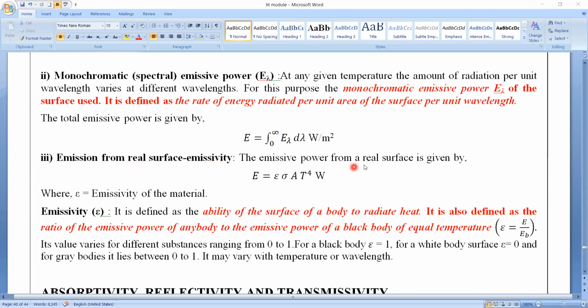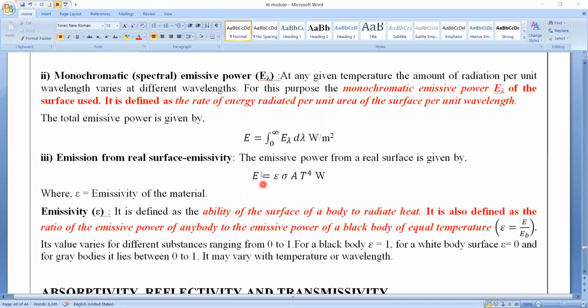The emissive power from the real surface is given by E equals epsilon sigma A T to the power 4, where epsilon is the emissivity of the material, sigma is the Stefan-Boltzmann constant, A is the area, and T is the absolute temperature in kelvins.